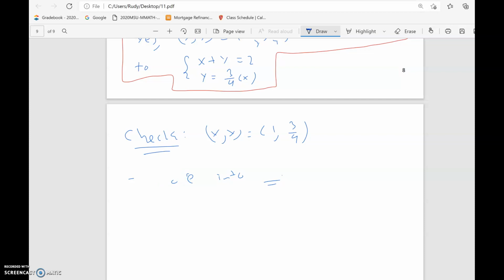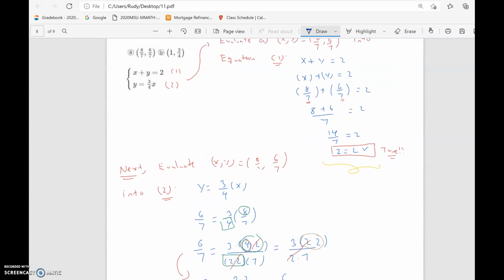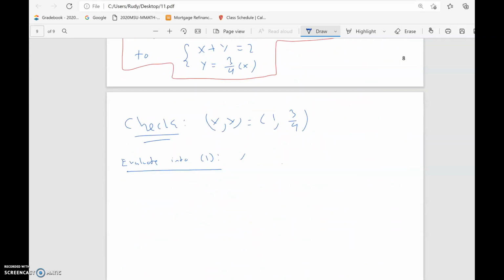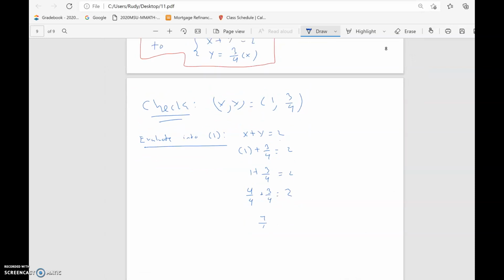So 1 plus 3/4 is equal to 2. In this case, 4 over 4 plus 3/4 is equal to 2, and 7/4 is equal to 2. It's technically false.